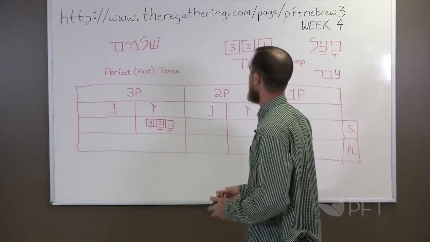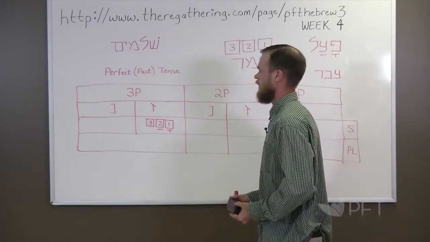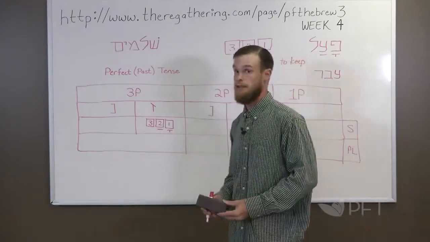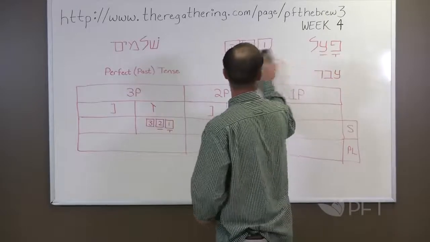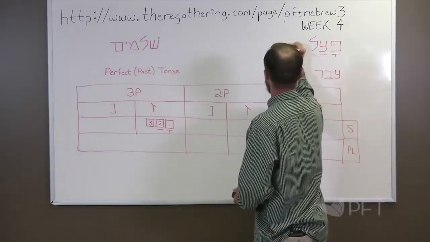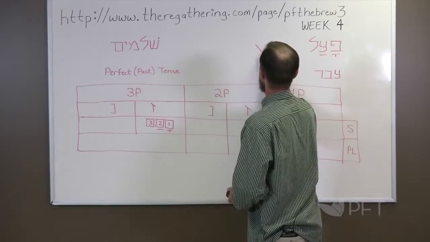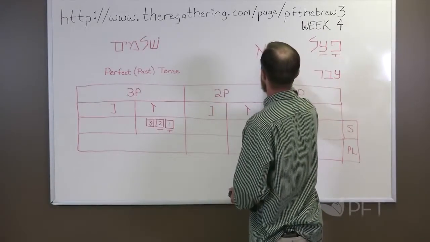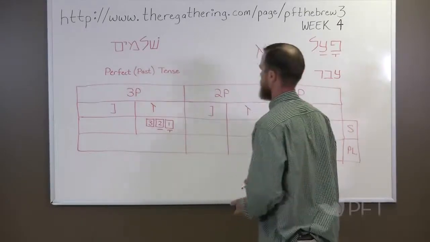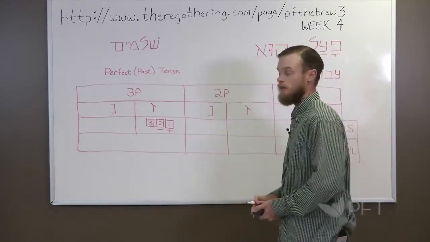So, suppose we wish to speak of a man, but we'll just call him hu, which is Hebrew for he. Okay, so hu, we want to say he kept. In order to do that, we match the subject.